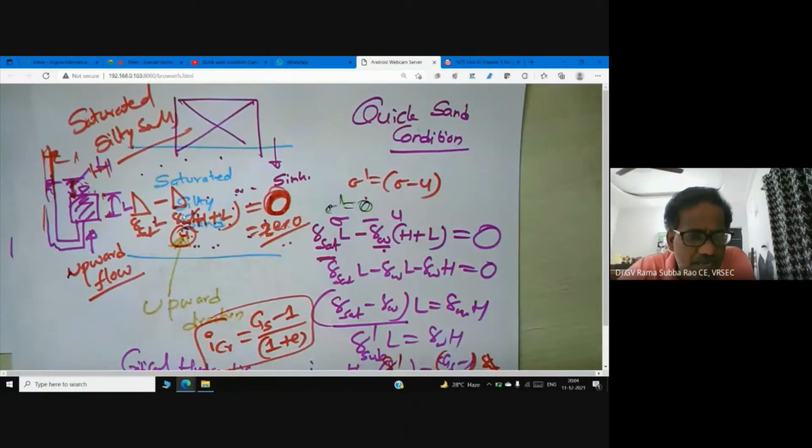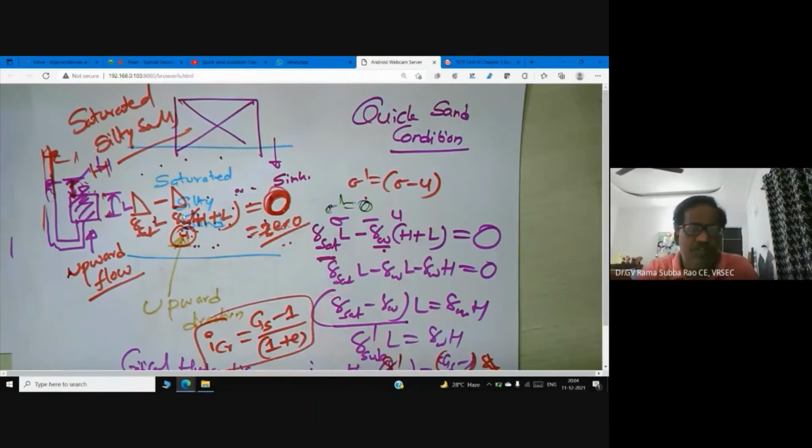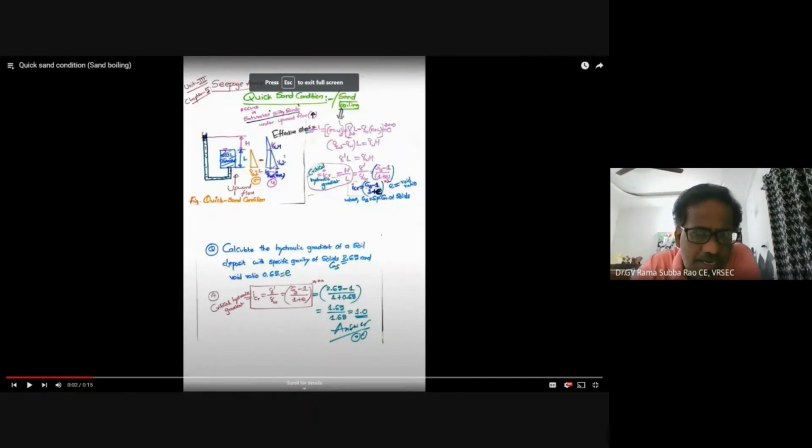G, strictly speaking Gs, specific gravity of solids, minus 1 by 1 plus e. With this, concentrate on this question: calculate the critical hydraulic gradient of a soil deposit with specific gravity of solids 2.65 and void ratio 0.65.